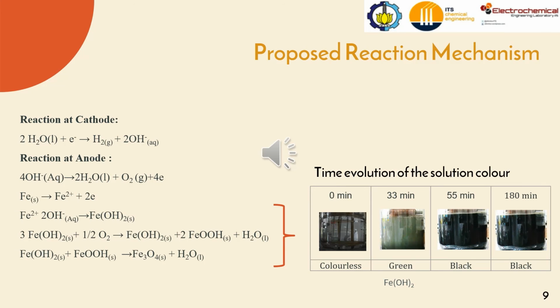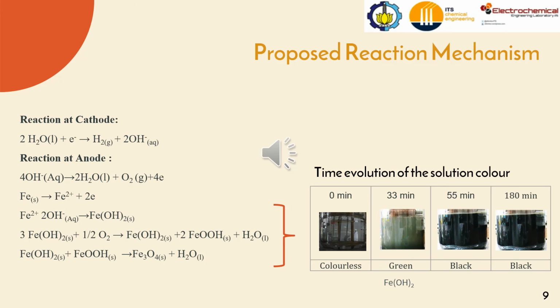Okay, this is a proposed reaction mechanism. Because there are bubbles, the reaction at the cathode is reduction of water become hydrogen and OH minus, and reaction at anode is oxidation of OH minus become water and oxygen. And because the electrode is Fe, oxidation of Fe become Fe2+, and then Fe2+ plus 2OH minus become Fe(OH)2.